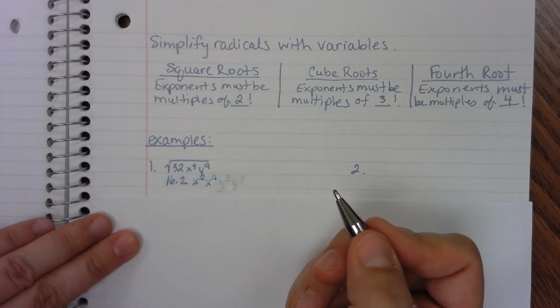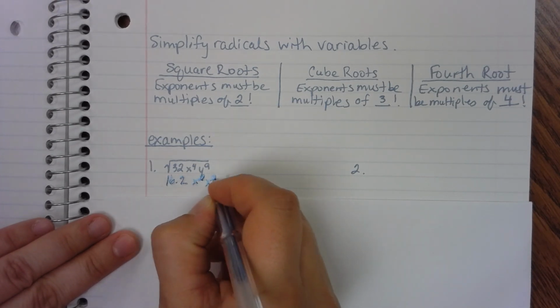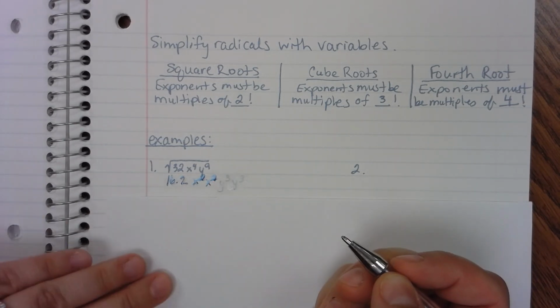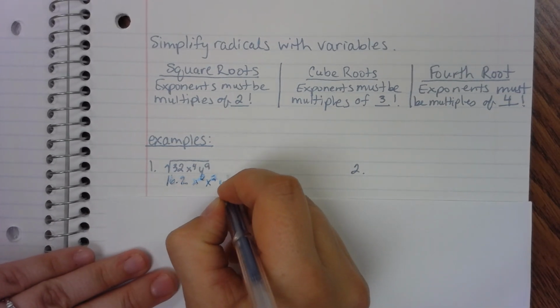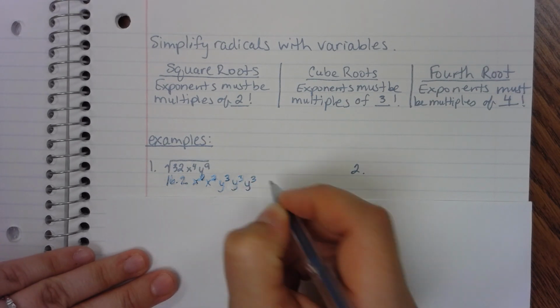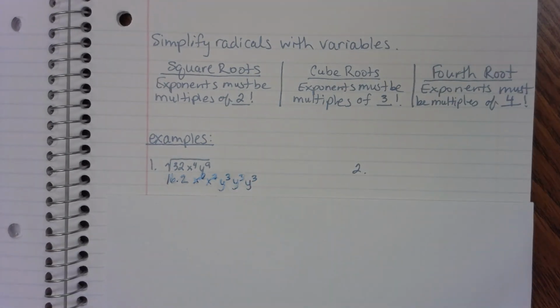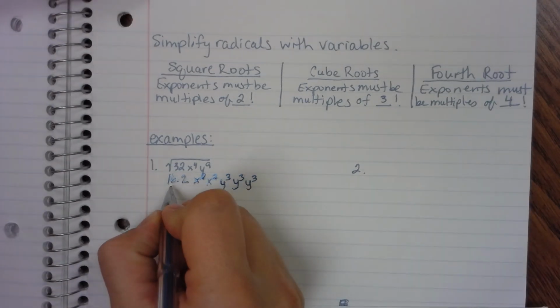And we're going to remember our exponential rules from the last unit that said that we would add those together. So that's where we get the x to the 4th. And then y to the 9th is y to the 3rd times y to the 3rd times y to the 3rd.